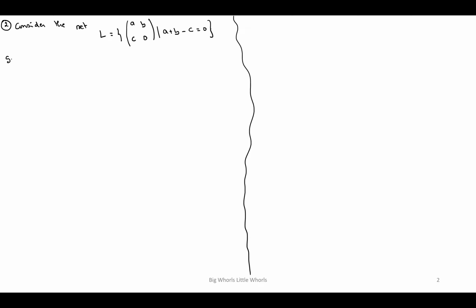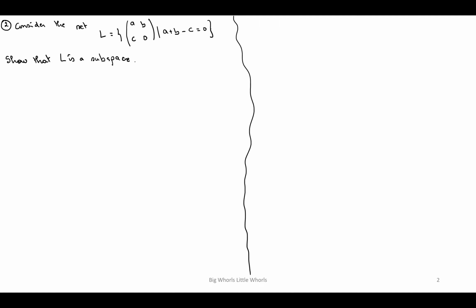So they are asking us to show that L is a subspace. L is a subspace, yes.